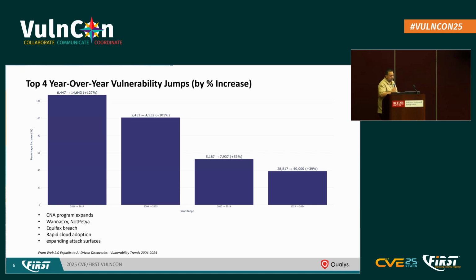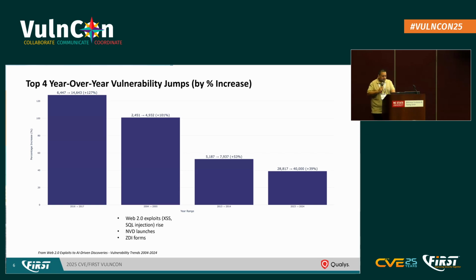That was one of the years that had a huge surge, 127%. And also that year we had a couple of really bad ransomwares like WannaCry and also the Equifax breach.